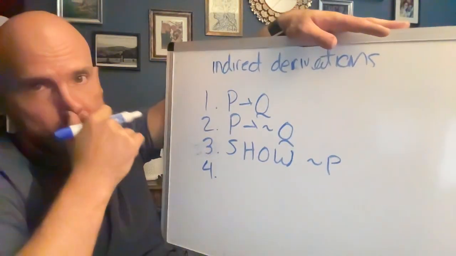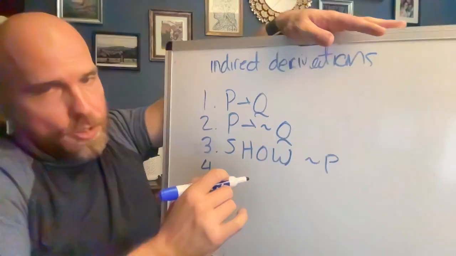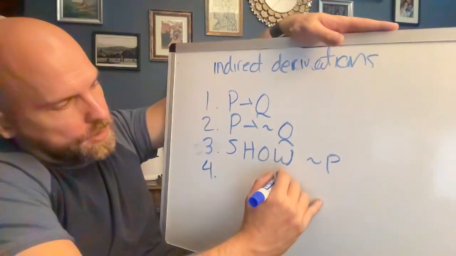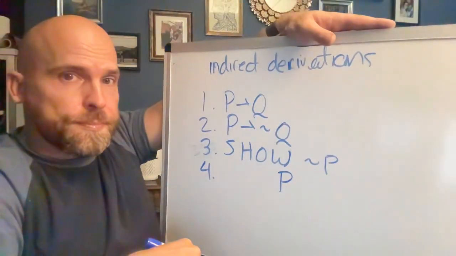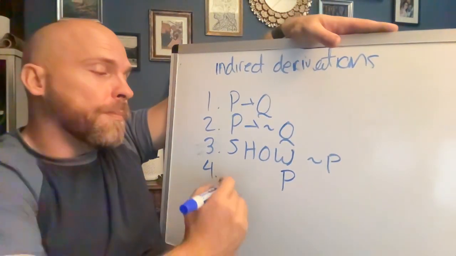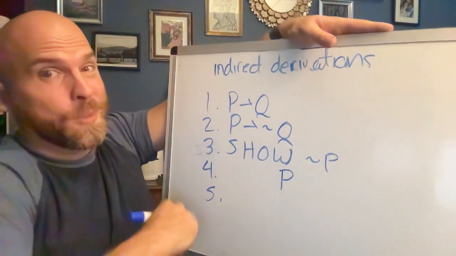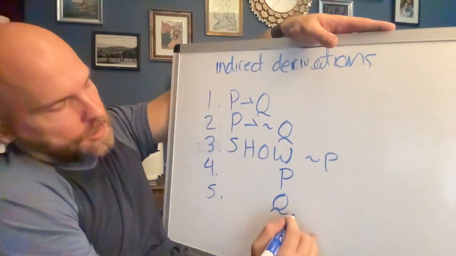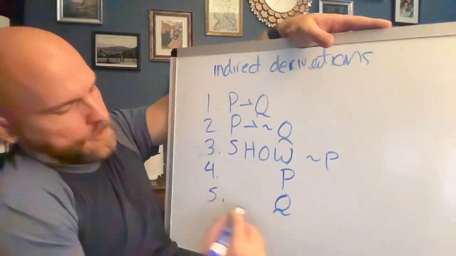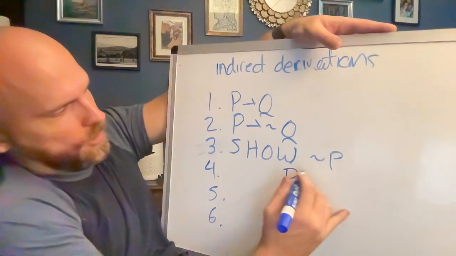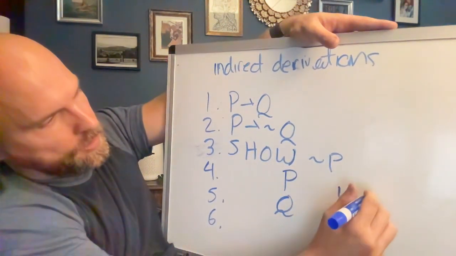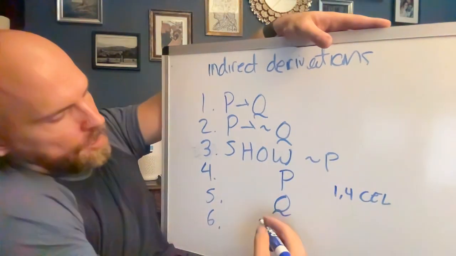This is where indirect derivation comes in. For an indirect derivation, you take the thing you're trying to prove, you assume the opposite, and now you see what happens. If P is true, then Q is true. And that was from line 4 and line 1, conditional elimination.